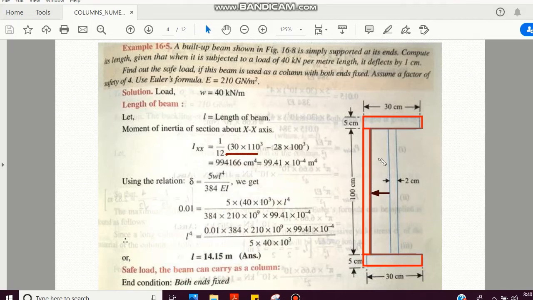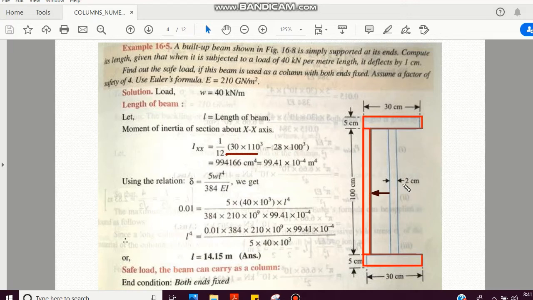So the moment of inertia of this total box, what I am indicating right now, is 30 into depth. Depth is 110, that is 5 plus 100 plus 5, 110 cube, minus the moment of inertia of this empty area, of this box, that is 30 minus 2, because the width of the web is 2.